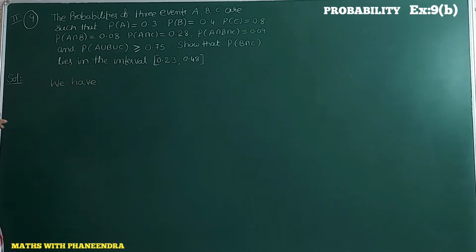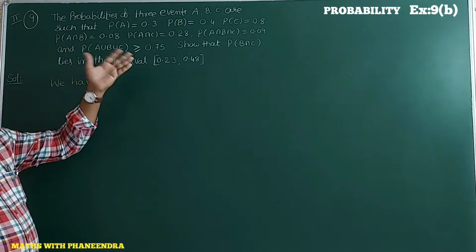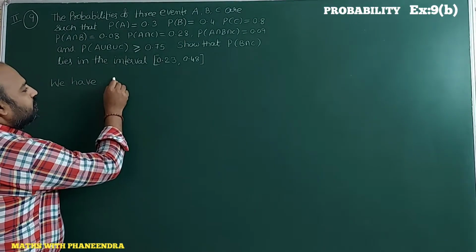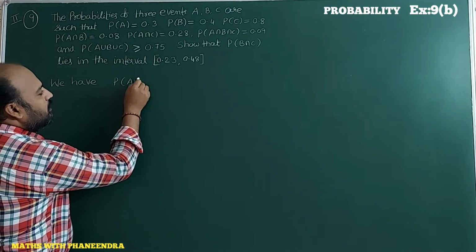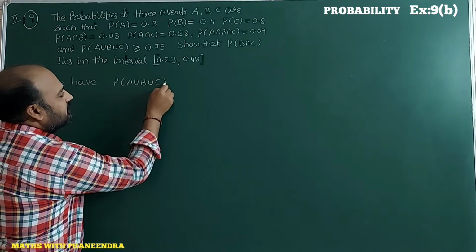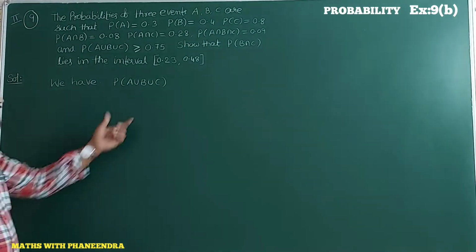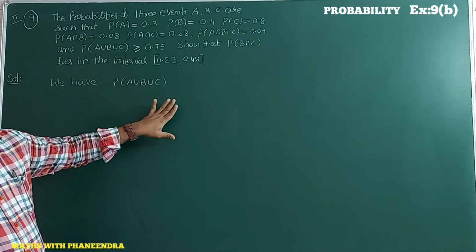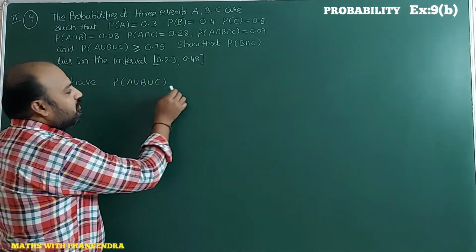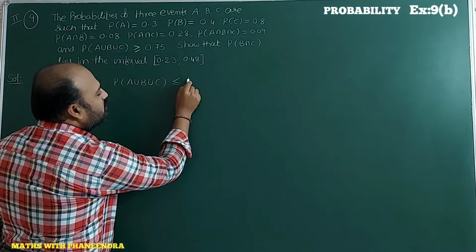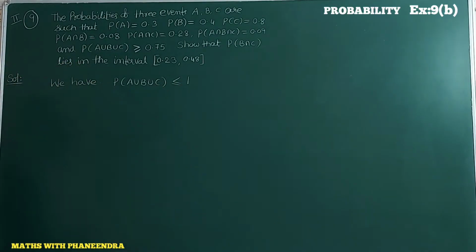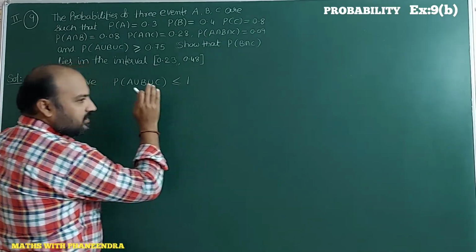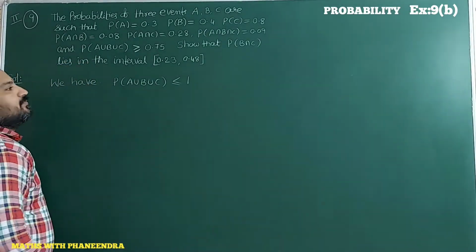P of A union B union C is the certain event, that means A union B union C is equal to the sample space. So this probability is always less than or equal to 1. This is the general result.